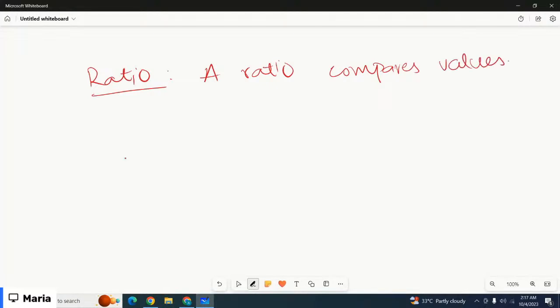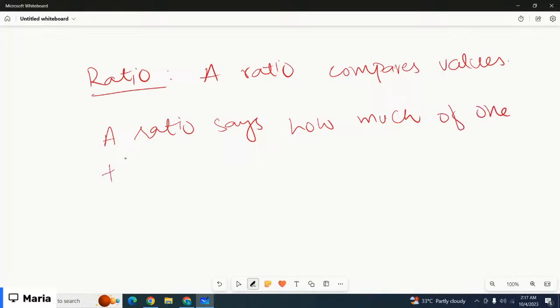A ratio compares values, right? A ratio says how much of one thing there is compared to another thing.